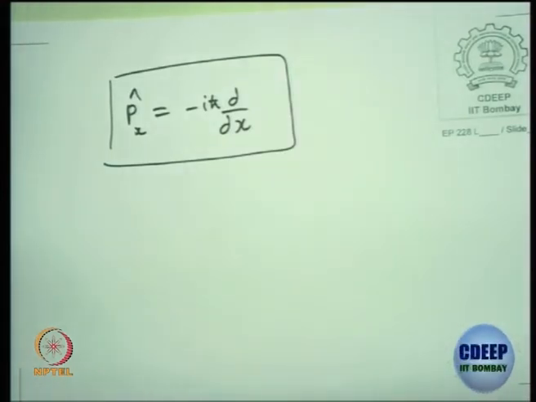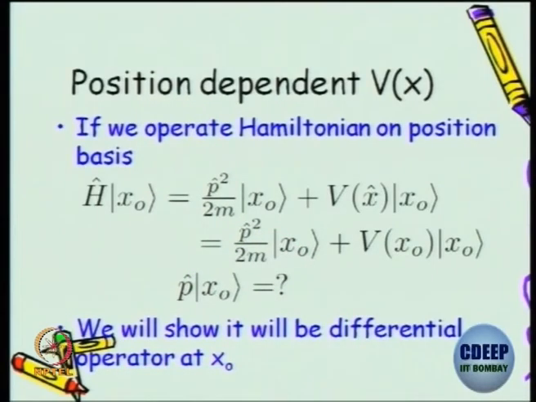We want to derive that the px operator can be written, in the position basis, as a differential operator with the right signs for the iħ. So let us go over the proof. And why do we want to do that?